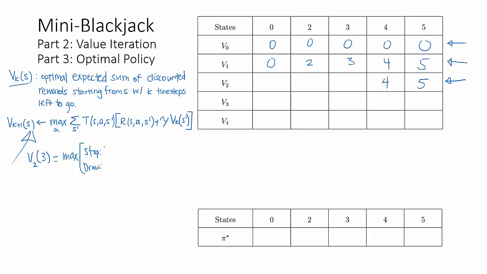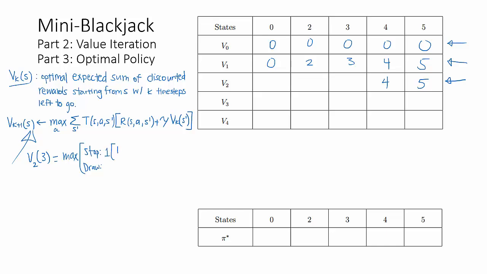For the stop action, we need to take a sum over its successors. Well, if you stop from any state, you're going to land in the done state, and so there's only one successor. The sum pretty much drops out. Then what we have left is the transition from state 3, taking the action stop and landing in the done state. That transition probability is 1.